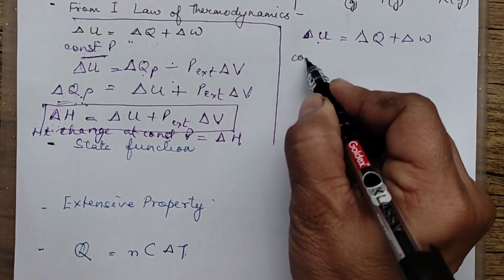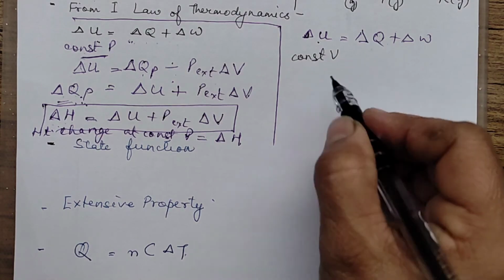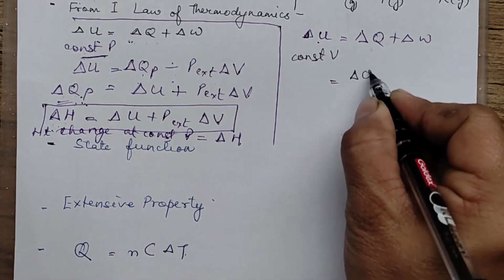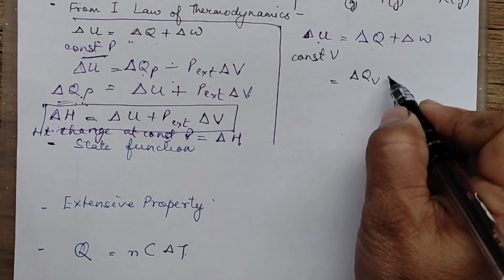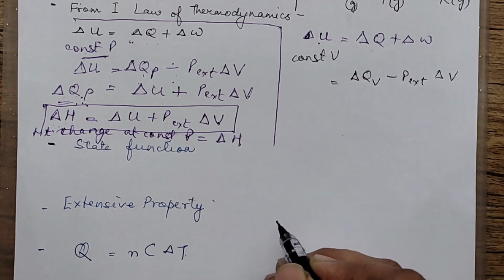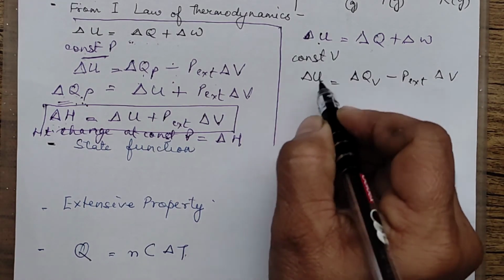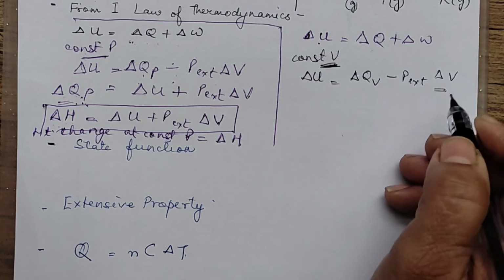Suppose now we calculate at constant volume. If it is at constant volume, what will we write instead of Q_P? We will now write it as Q_V, the heat change taking place at constant volume. And for work, we can always write P external delta V. Constant pressure, I already told you, means the change in the volume is 0.